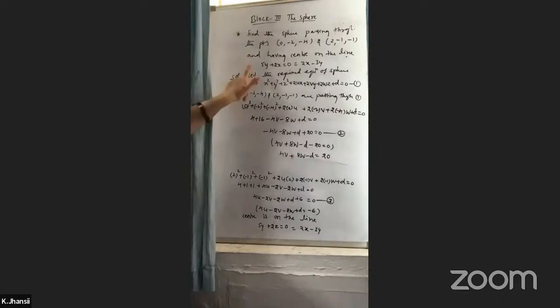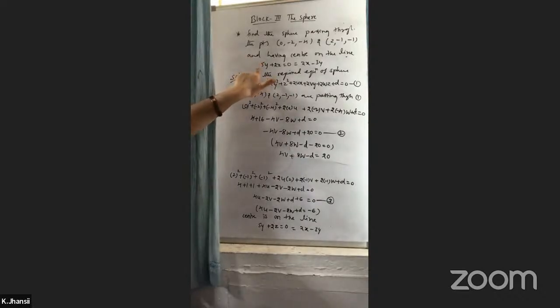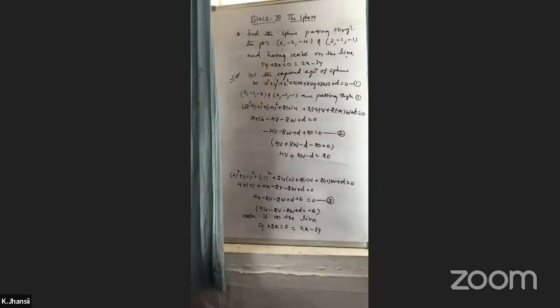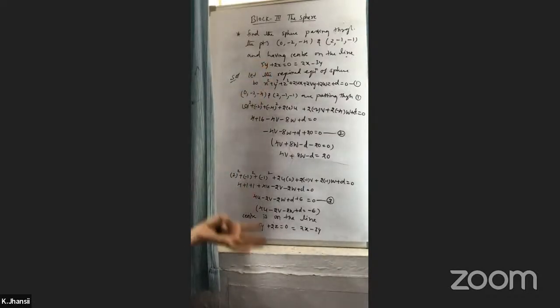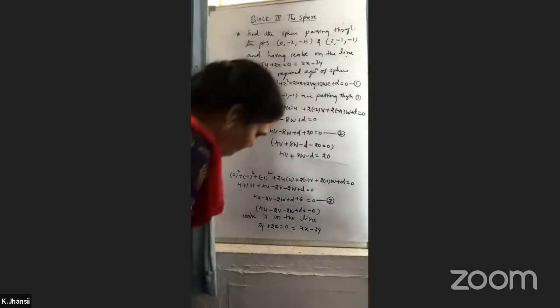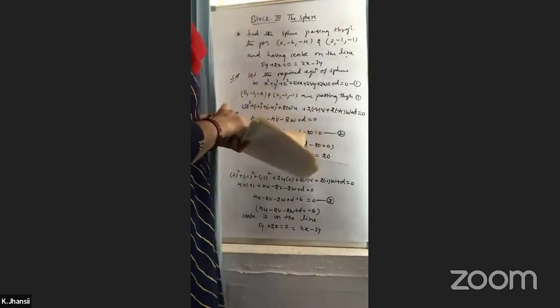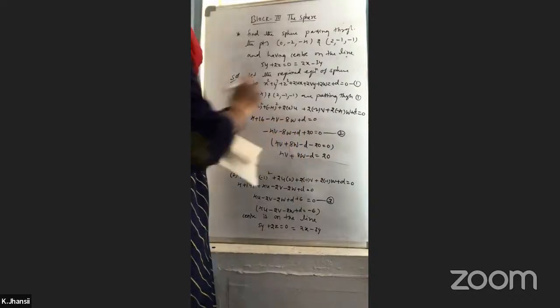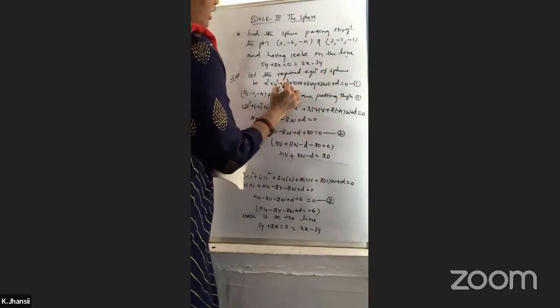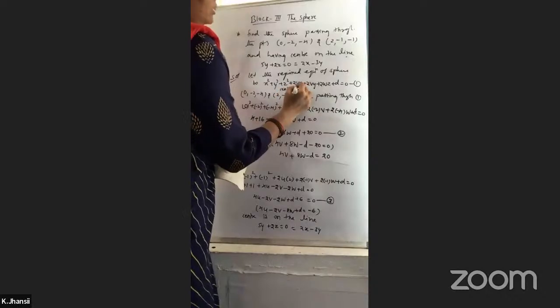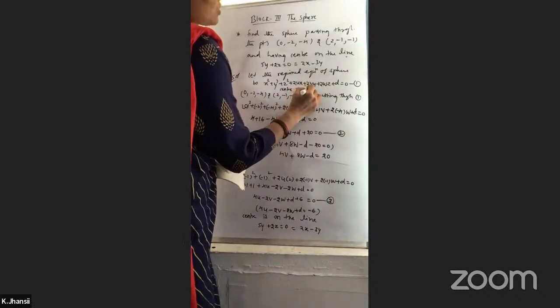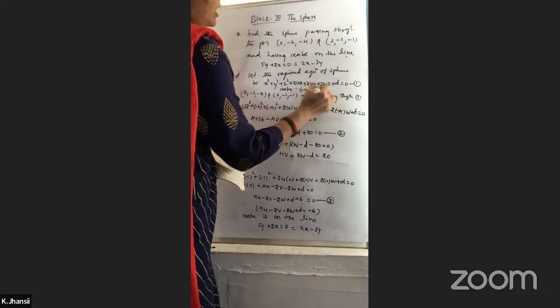Why? Because we have the center on the line. What is the center? We have minus u comma minus v comma minus w. So it lies on this line. So whatever x, y, z values are there, you have to write them as minus u, minus v, minus w. Here you mention center equals minus u, minus v, minus w.